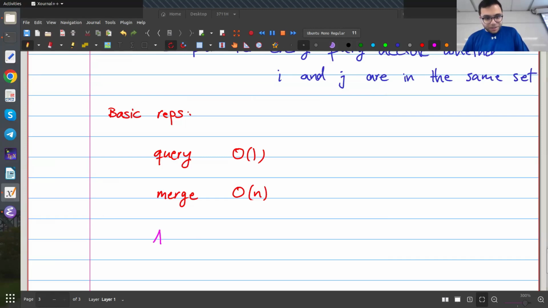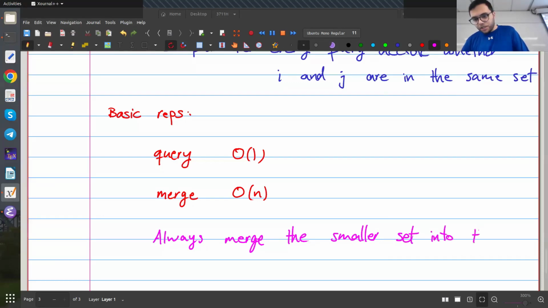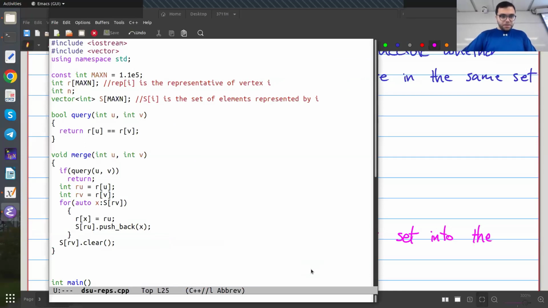Okay. So always merge the smaller set into the larger set. Okay. So great. What am I going to do here?